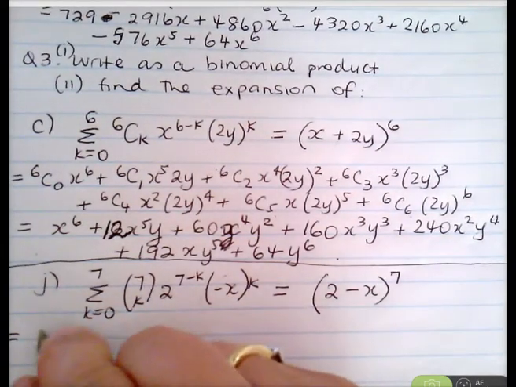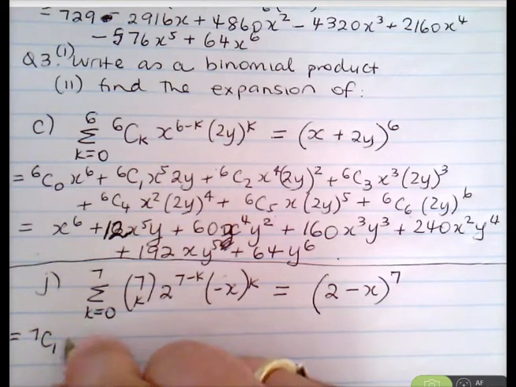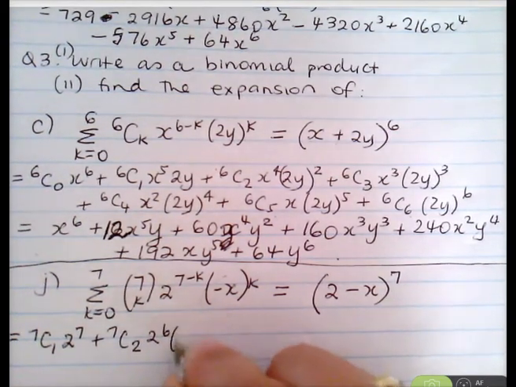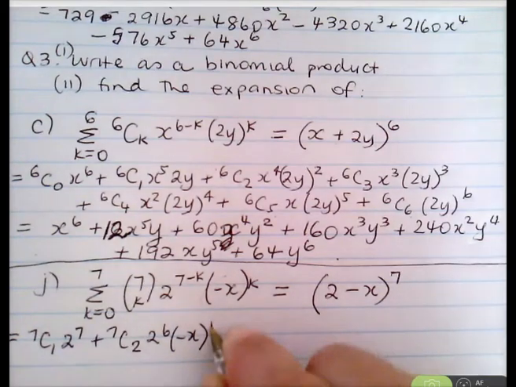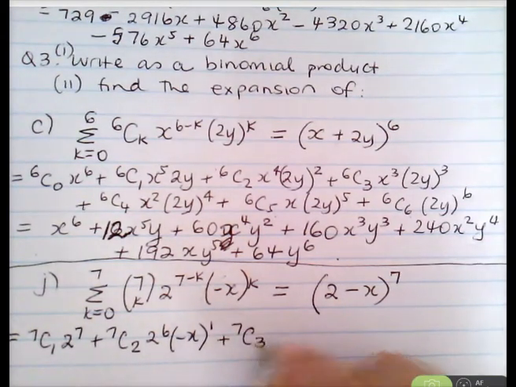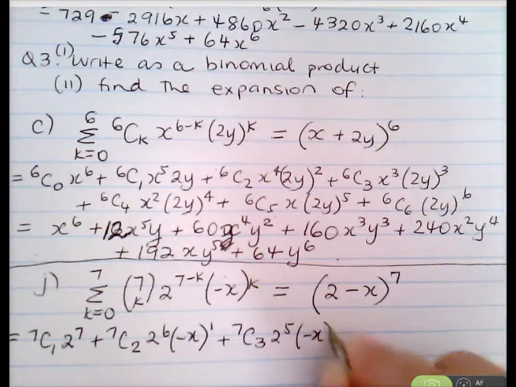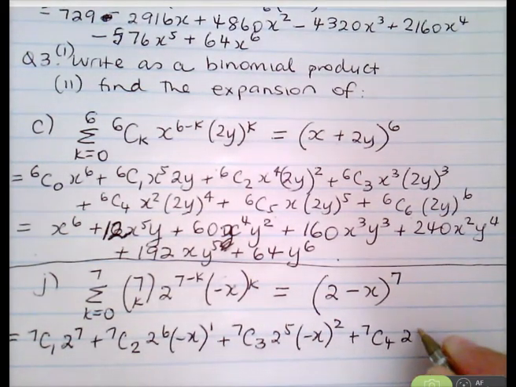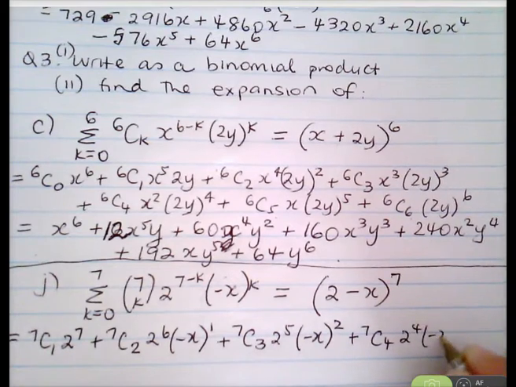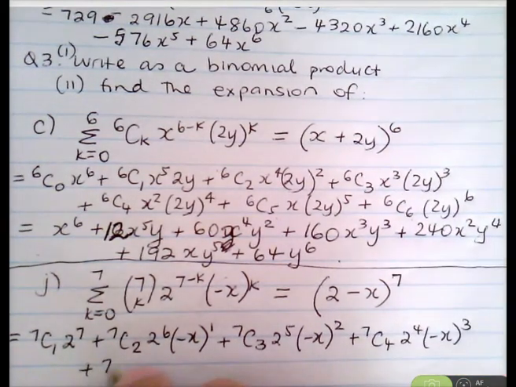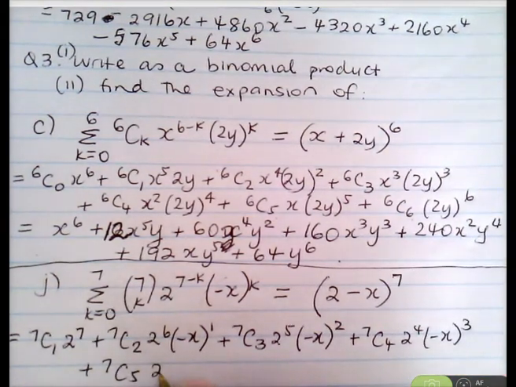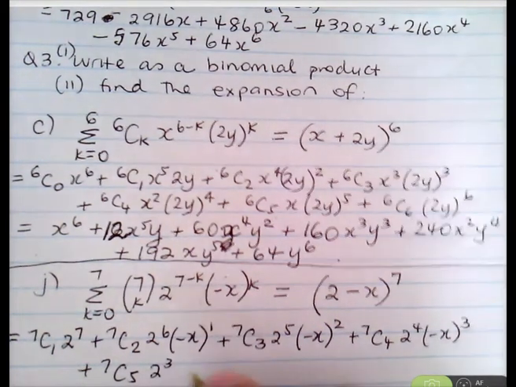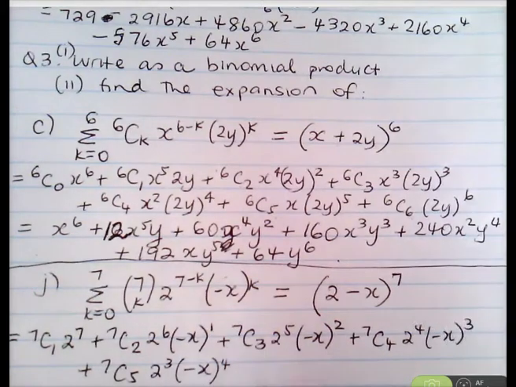And now the expansion is 7 choose 1, 2 to the power of 7, plus 7 choose 2, 2 to the power of 6, negative x to the power of 1. And just keep going, 7 choose 3, 2 to the power of 5, negative x squared, plus 7 choose 4, 2 to the power of 4, negative x cubed, plus 7 choose 5, 2 to the power of 3, negative x to the power of 4.